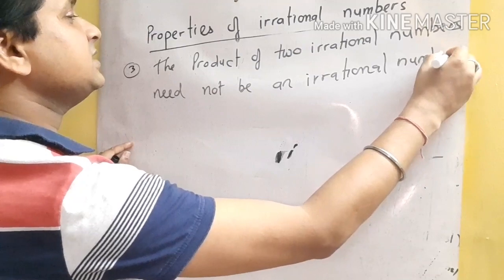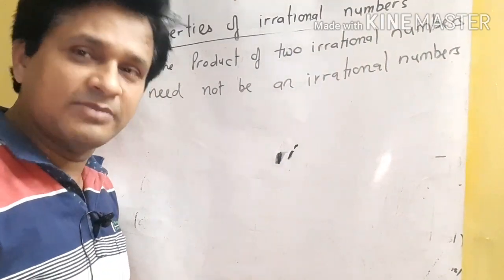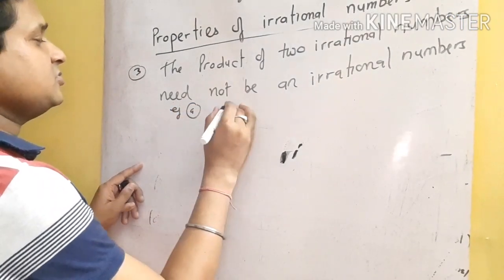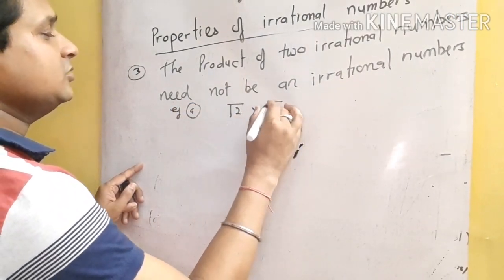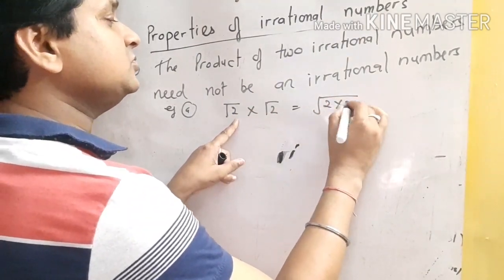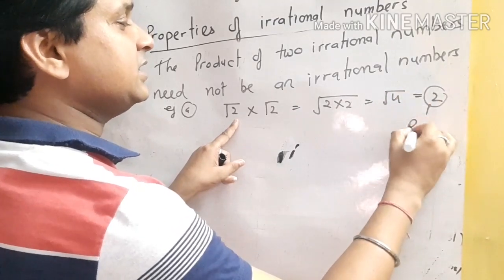It means the product of two irrational numbers can be rational or irrational both. For example, suppose I write root 2 and root 2. How will I write it? This will be 2 into 2, so this will be root 4. So we will have 2, which is a rational number.